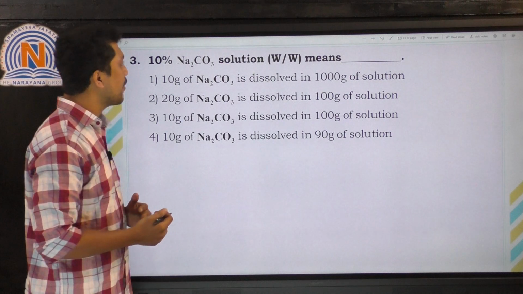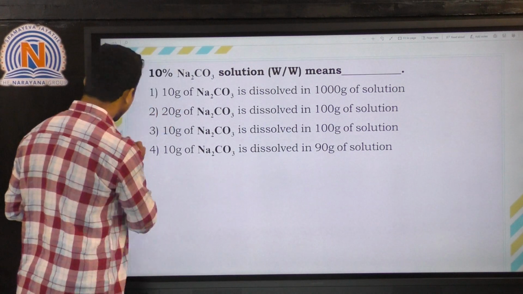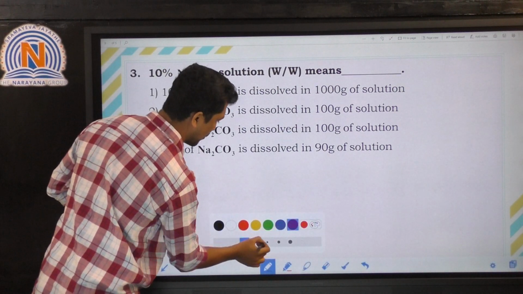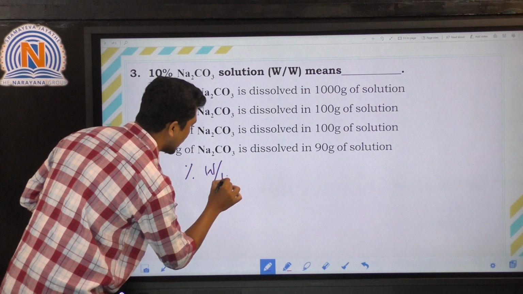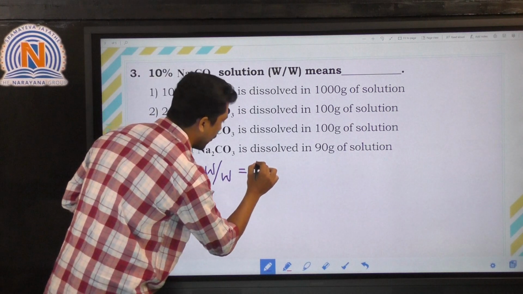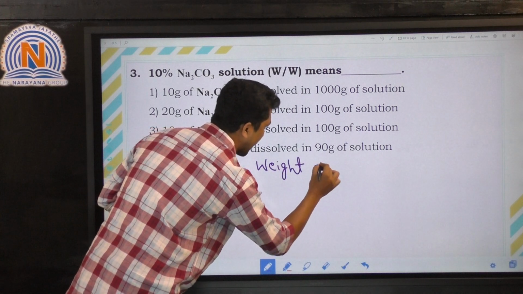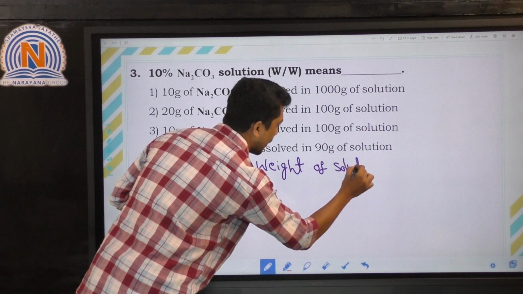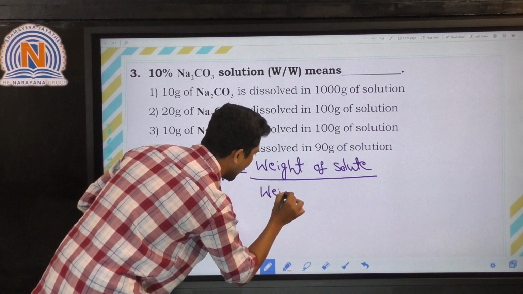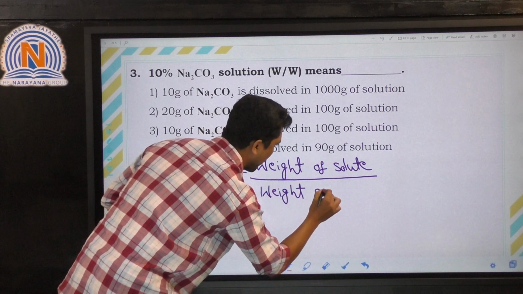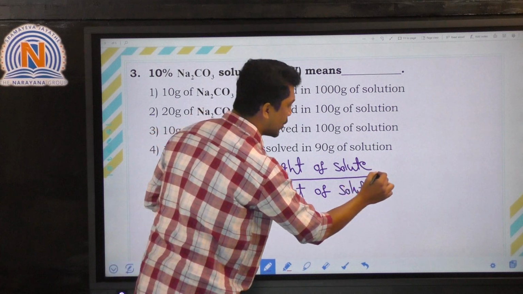Here they have given the formula: percentage of weight by weight is equal to weight of solute by weight of solution into 100.